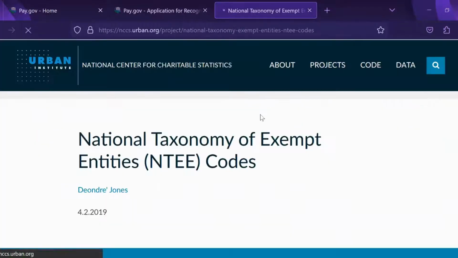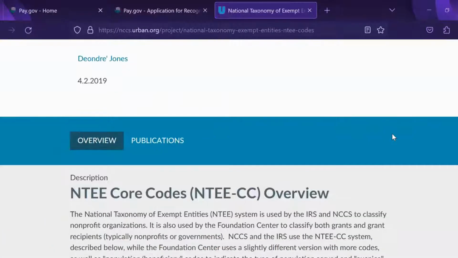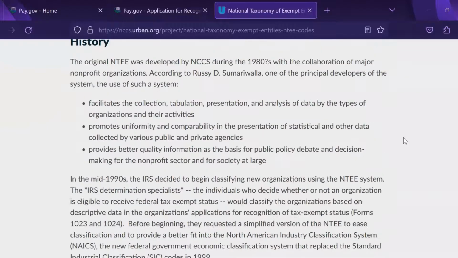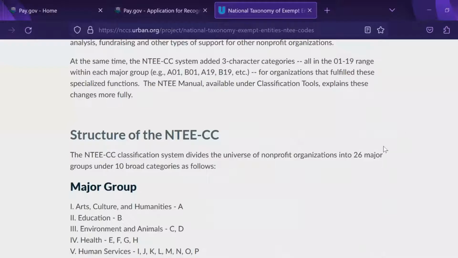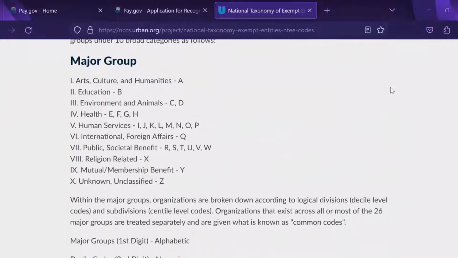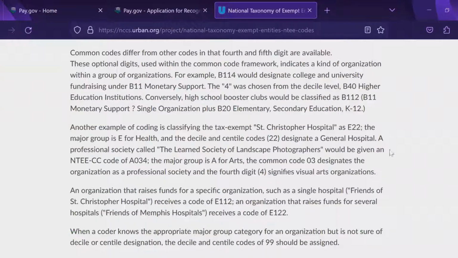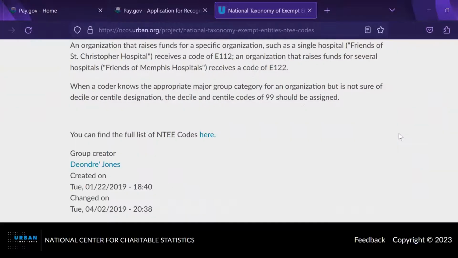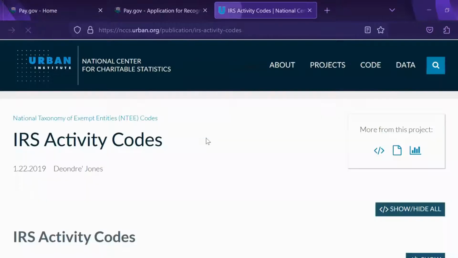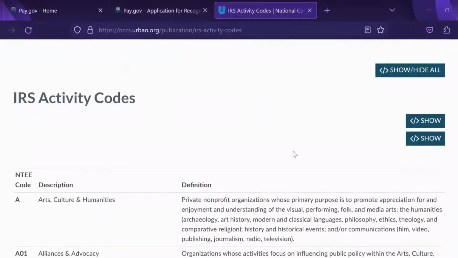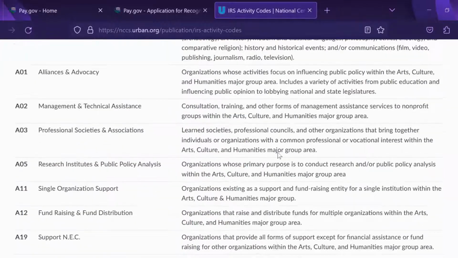We're going to click NTEE code. Scroll down. Major group. Find full list of NTEE code here. Select that one. Then it has a full list.